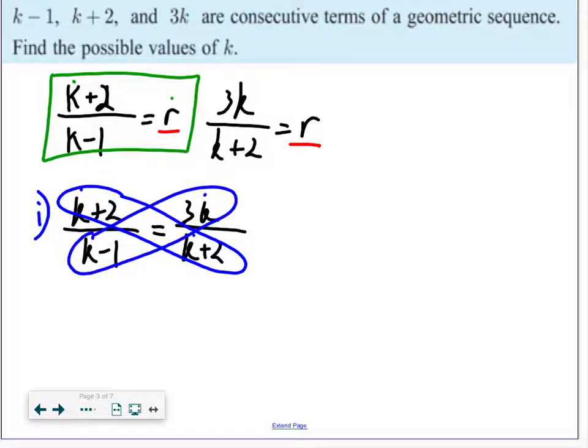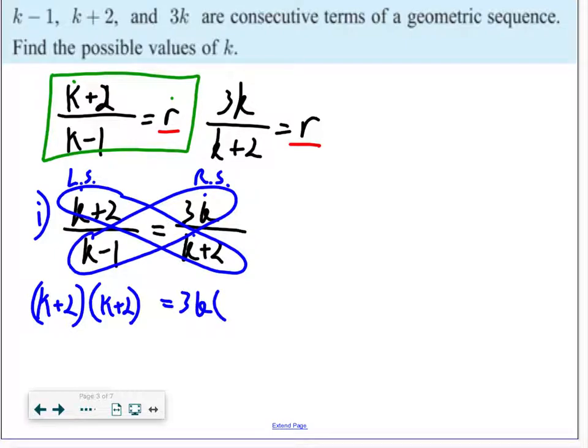On the left side, I get k plus 2 times k plus 2, which is equal to, on my right side, 3k times k minus 1.